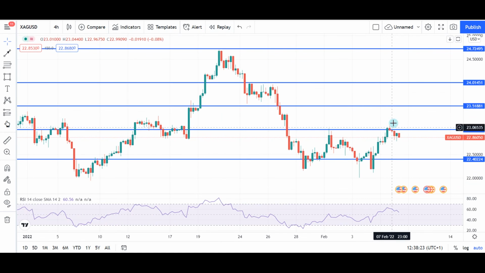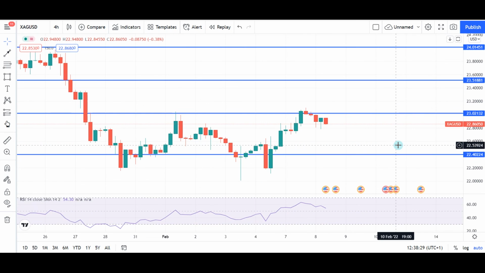Now it is doing something similar. So the fate of silver is definitely about political tension. If it relaxes, we will see a decline. If it gets intense, we will see it go up, so trade accordingly and watch political news closely.